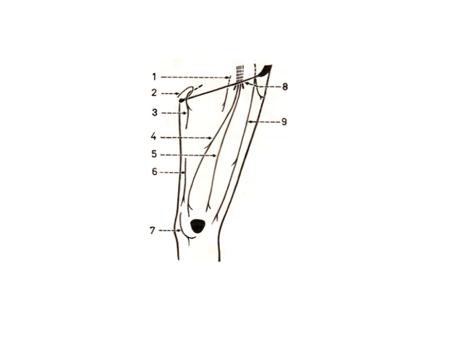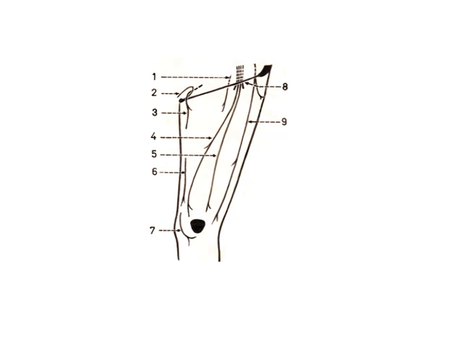This diagram shows the cutaneous nerves of the front of the thigh, which means the nerves supplying its skin. These nerves arise from different sources.